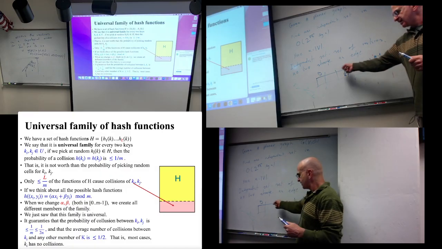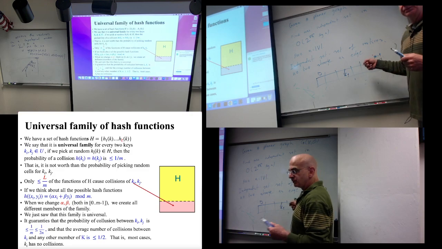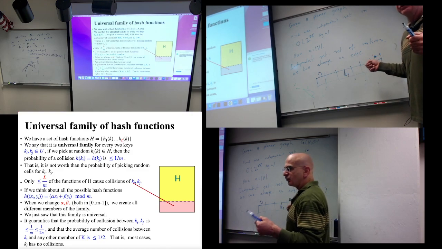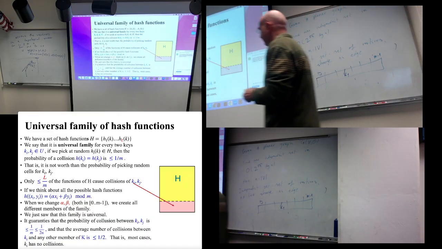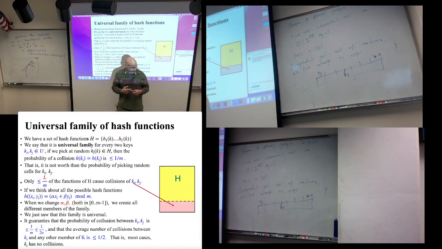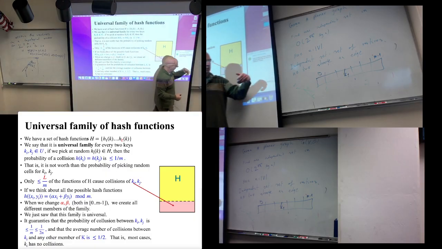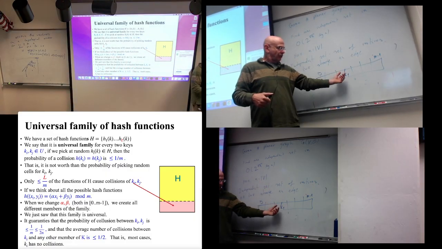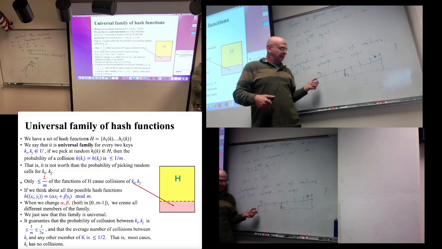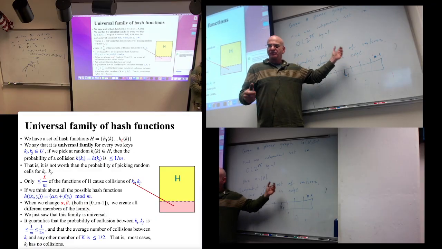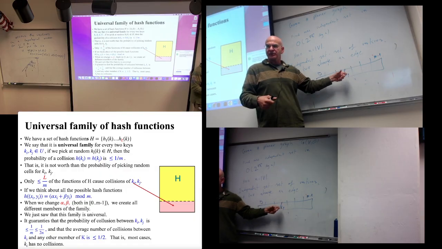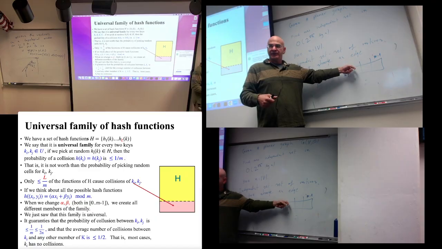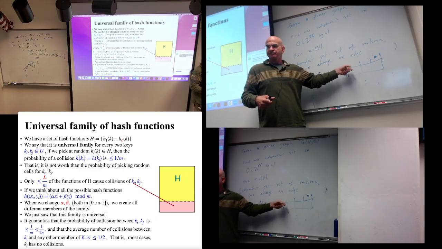Before I insert k2, I want to pick a hash function out of the family that I'll use. If I just toss k2 randomly into the table, no hash function at all, just pick a cell of the table and toss k2 into it, what's the chance of a collision? 1 over m, because there are m cells.